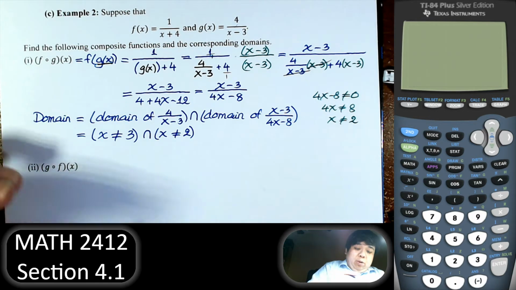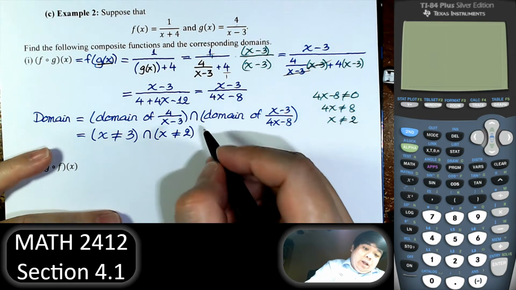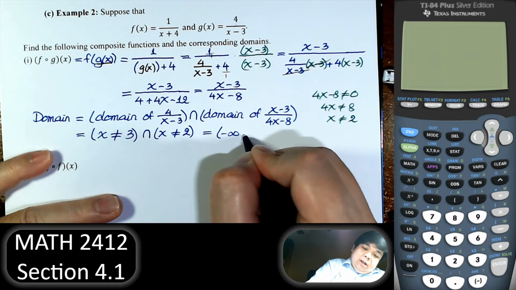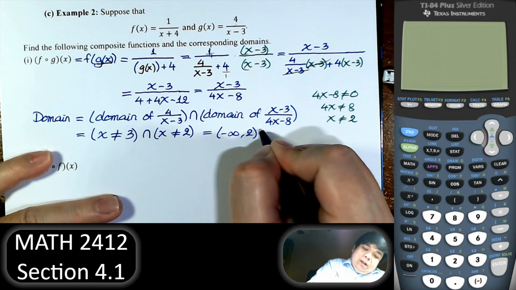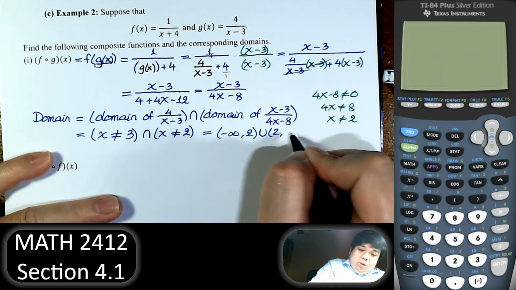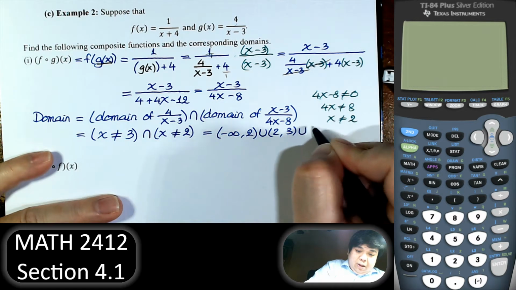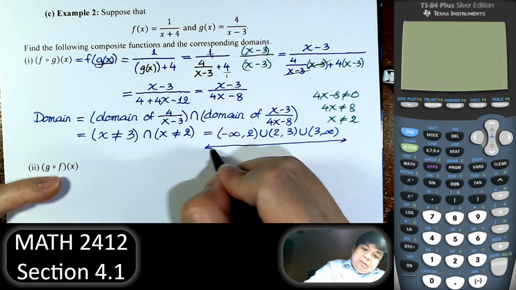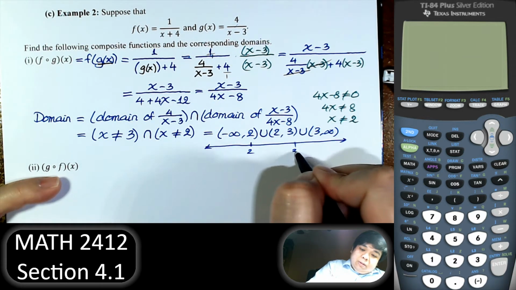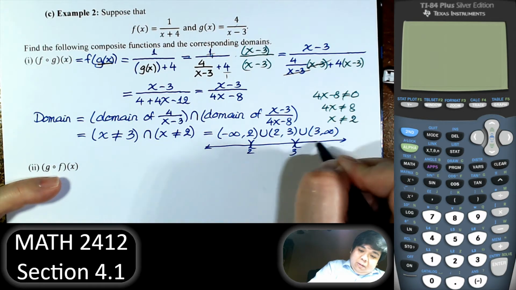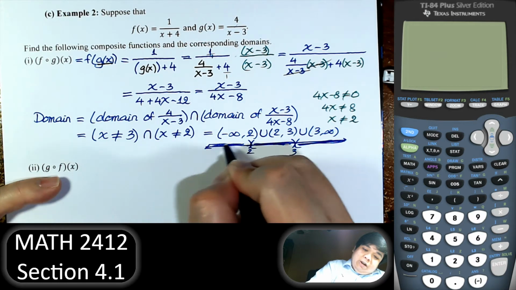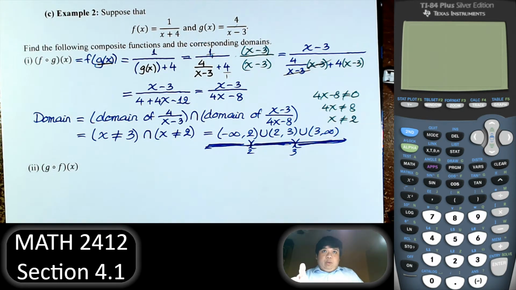So the domain, if we put them together, cannot be 2, cannot be 3, so we just have up to 2 and then we skip from 2 to 3 and then 3 to infinity. On the left of 2, between 2 and 3, and on the right of 3.